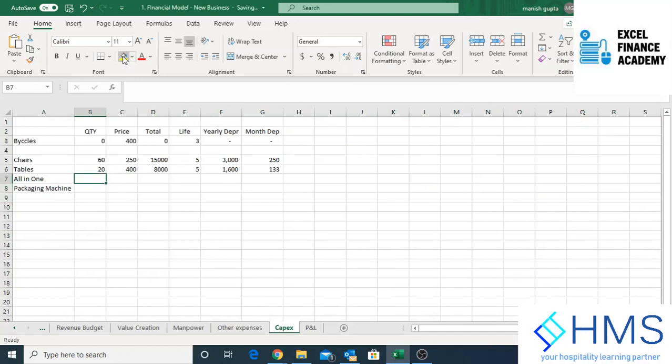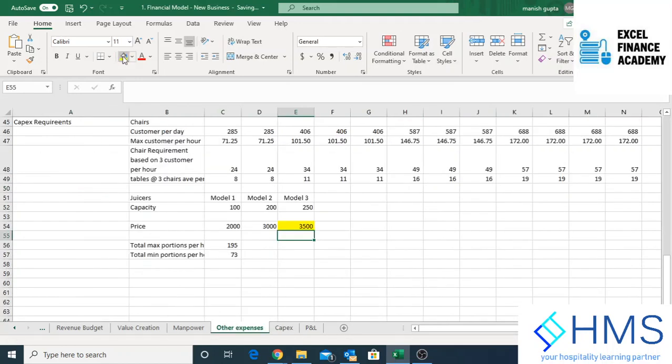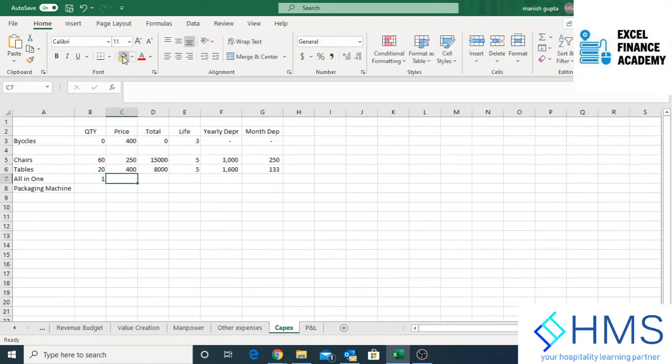One is enough for us, but a higher model, and that model is going to cost us $3,500 plus another $500 for extra motors. So total is $4,000, and it's going to last us another 5 years easily, right?